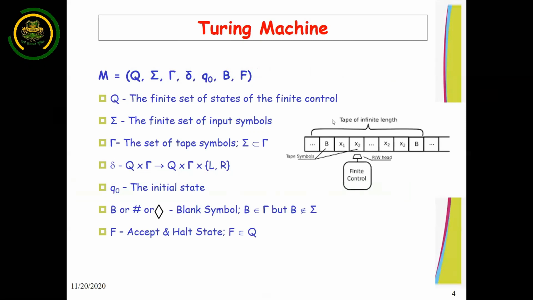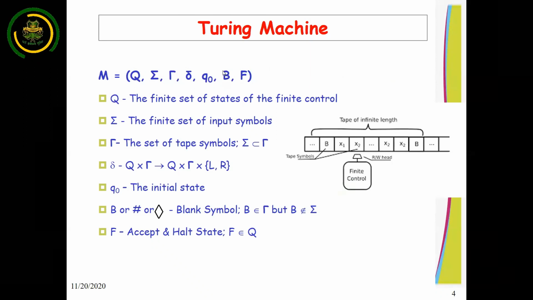So at this point, I have covered basically two points. The first one is the model diagram, and another one is the tuple, right?